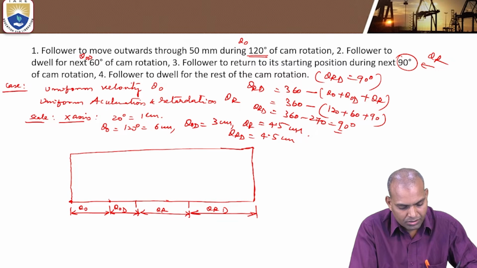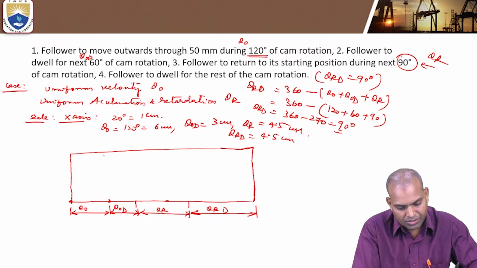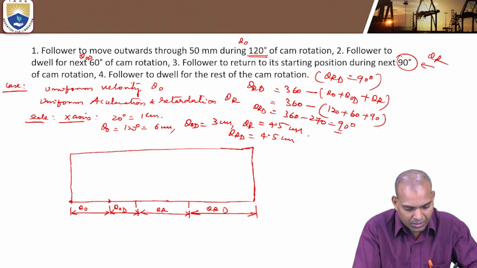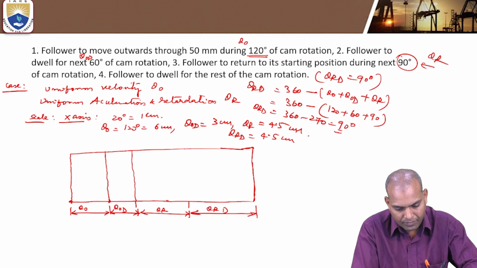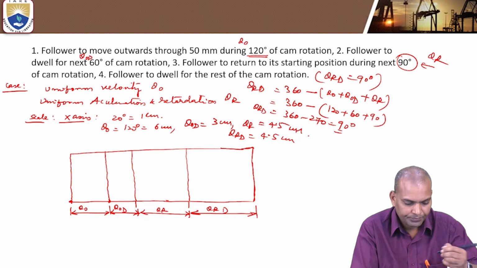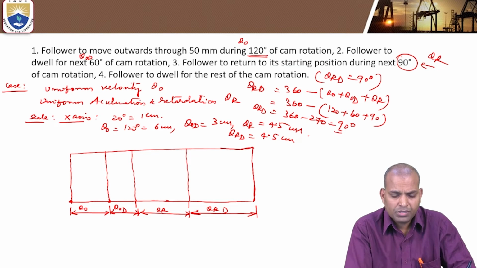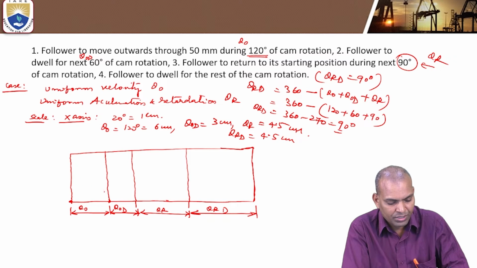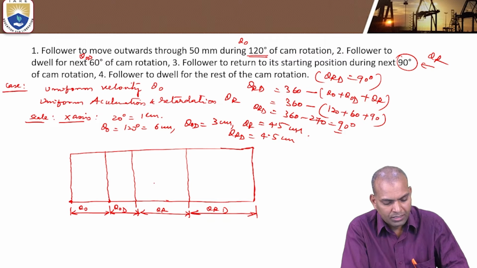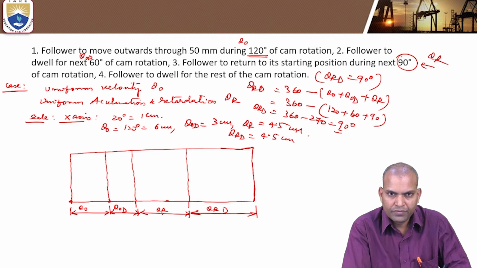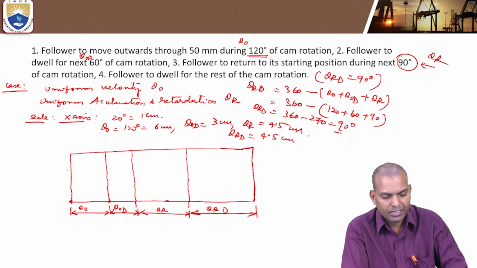Now draw vertical lines up to the top horizontal line. Divide the outstroke and return stroke. Here it may seem that the outstroke should be more in length, but I am drawing manually. The procedure is that it comes as 6 centimeters, so it will be more than the return stroke, which is 4.5 centimeters. I am doing it manually, but you can divide.